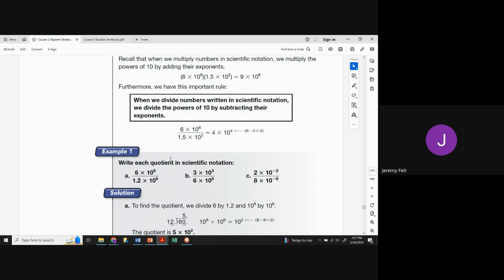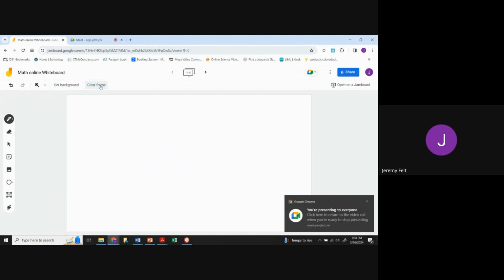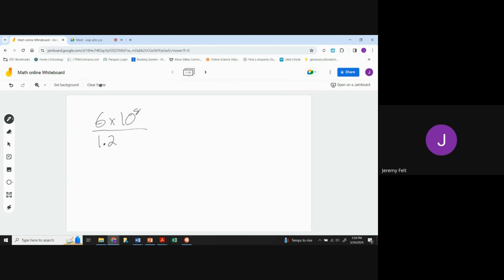So for A, we have 6 times 10 to the power of 8 over 1.2 times 10 to the power of 6. We can start wherever we want, but I think it's easiest to start with our coefficients.